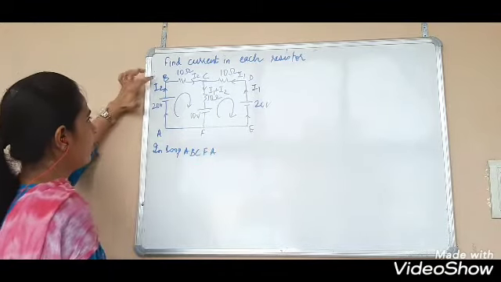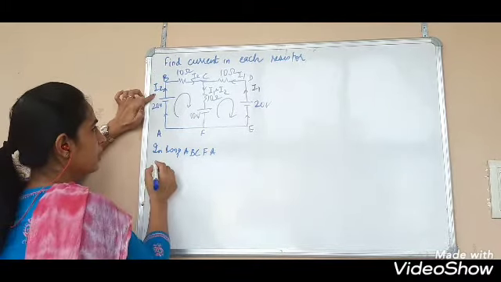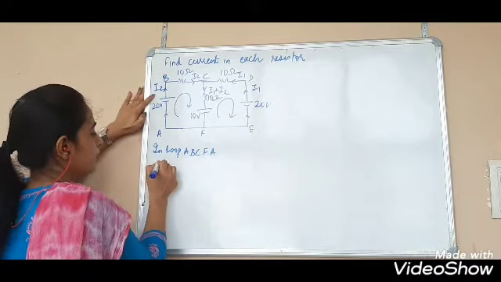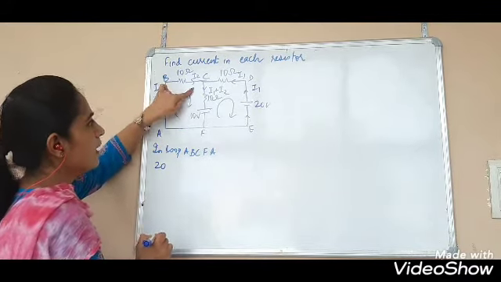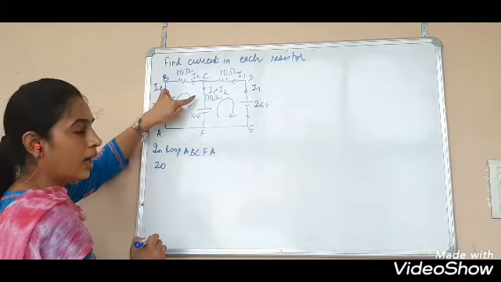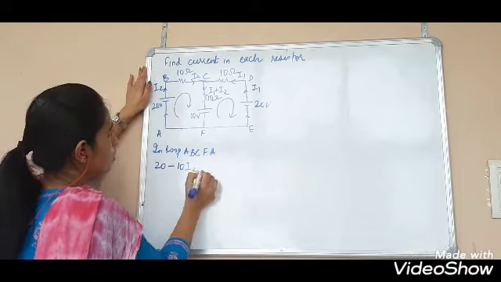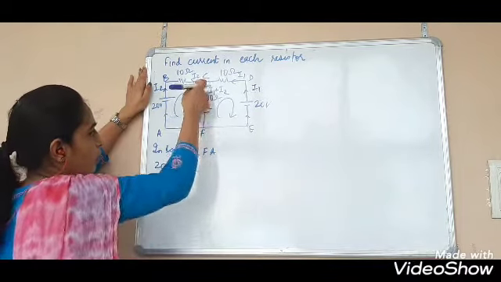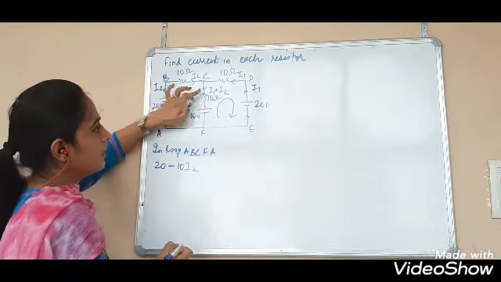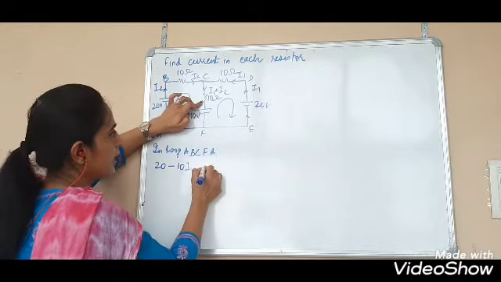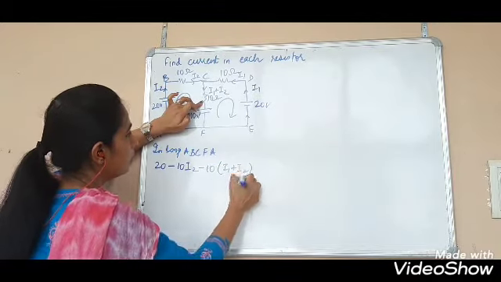Applying KVL while going from A to B, in this cell there is potential gain from negative to positive, so plus 20. Then from here to here, direction of current and our path is the same, so minus 10 I2. Then while going from C to F, direction of current and path is the same in this resistor, so again negative, minus 10 (I1 plus I2).